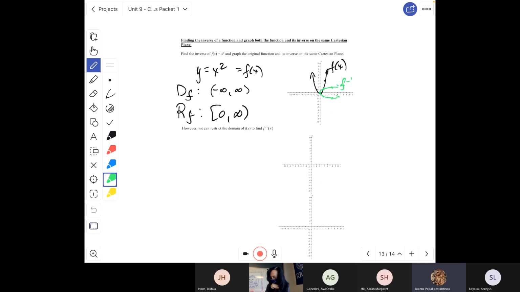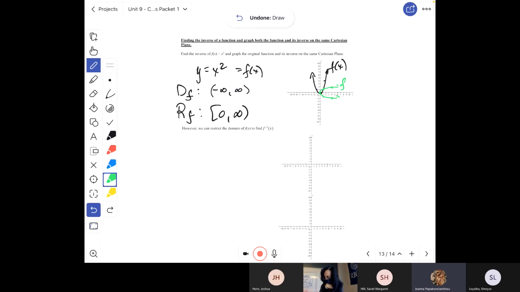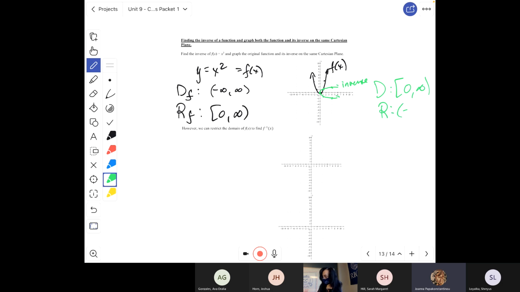Now let's look at the inverse. Okay, so technically the inverse doesn't exist. It's not a function. So this would be the inverse. And can you tell me about the domain of the inverse? Included 0 to infinity. And the range? Negative infinity.